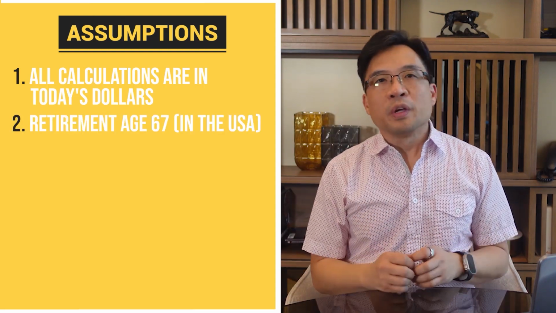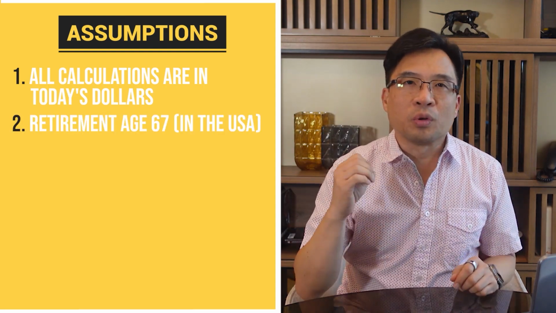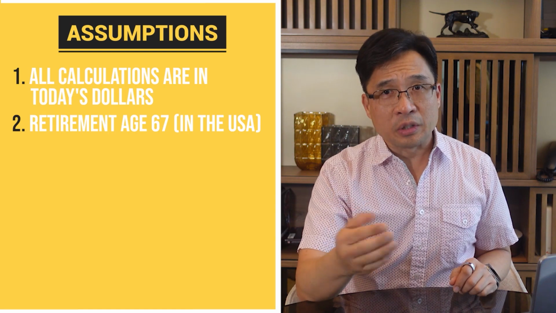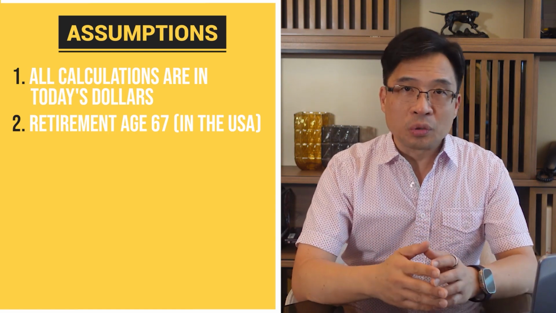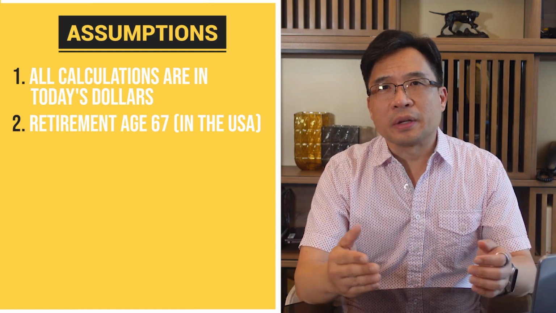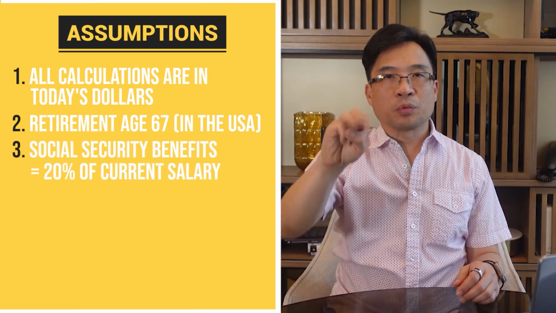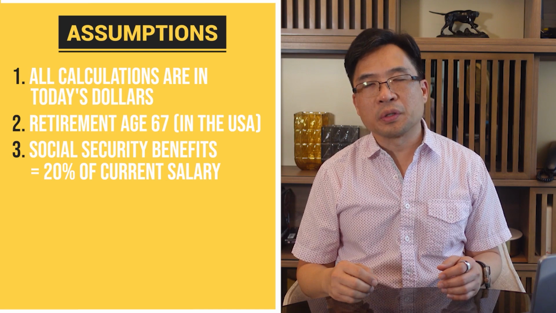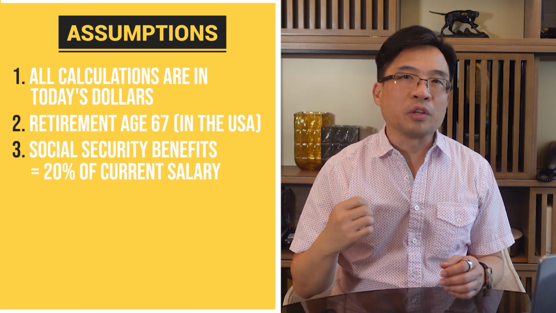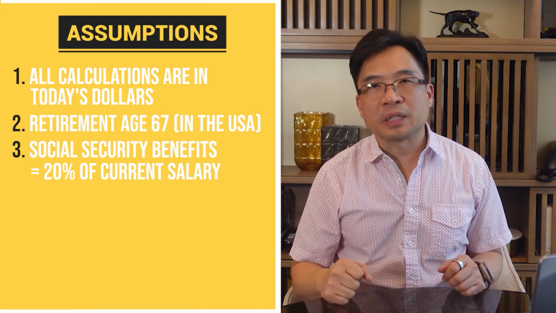Assumption number 2. You will be retiring at your normal retirement age, which in the United States is 67 years old. This age is used to calculate the time that you have left to save and invest. Assumption 3. If you are eligible for Social Security benefits, we assume that you will be receiving 20% of your annual salary.